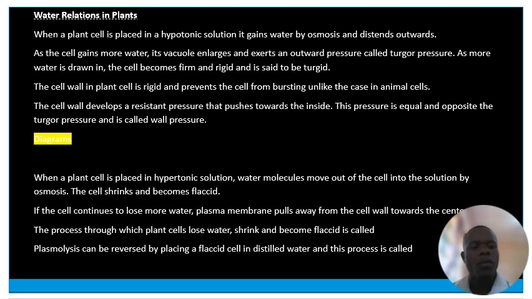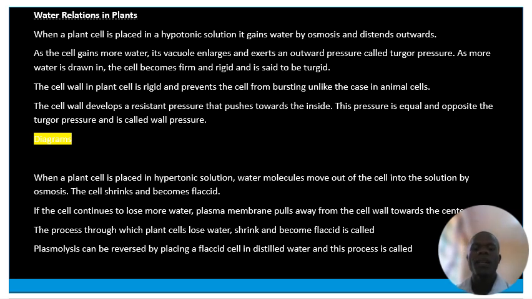Now, when you take a plant cell and place it in a hypotonic solution, a hypotonic solution is a solution that is slowly concentrated.